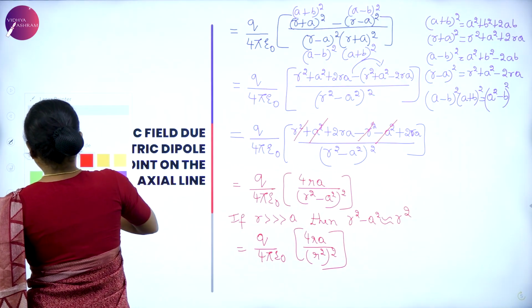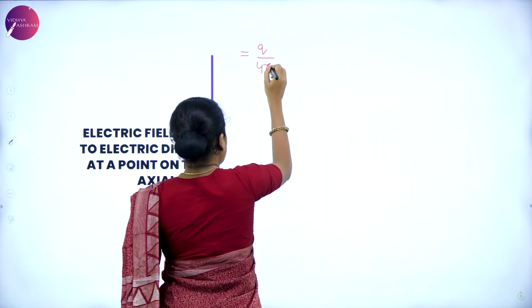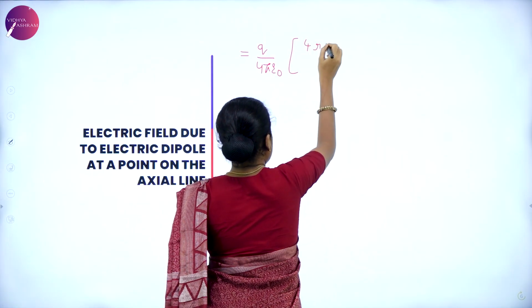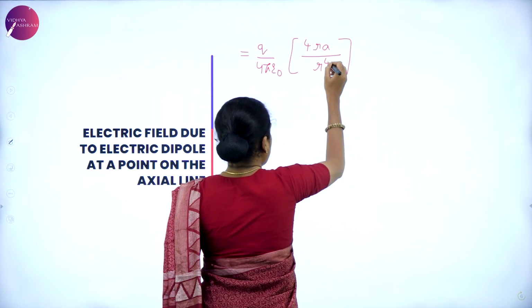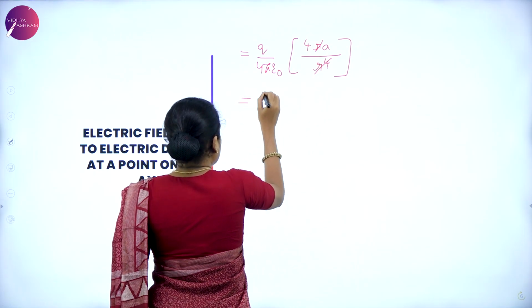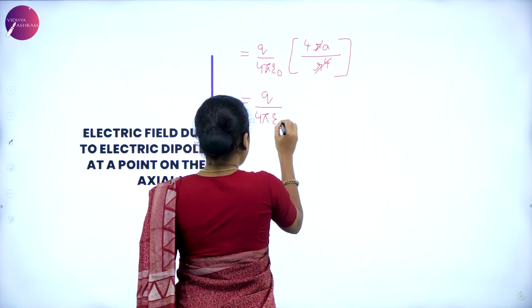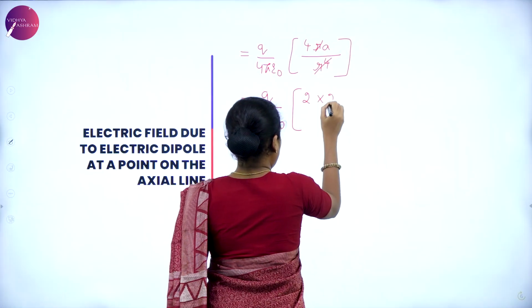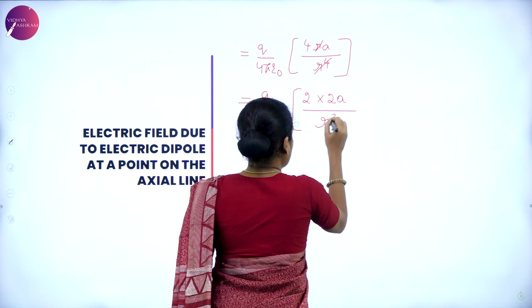So, squaring the R, Q by 4 pi epsilon naught 4RA by R to the power of 4. One of the R gets cancelled. Then we have Q by 4 pi epsilon naught. Here let us split this 4 as 2 into 2A by R cube.